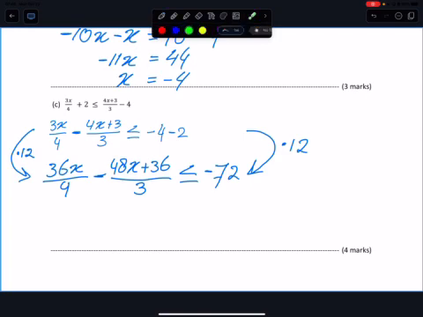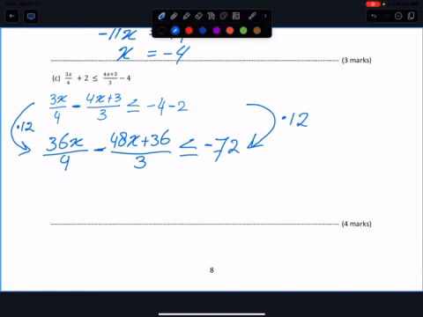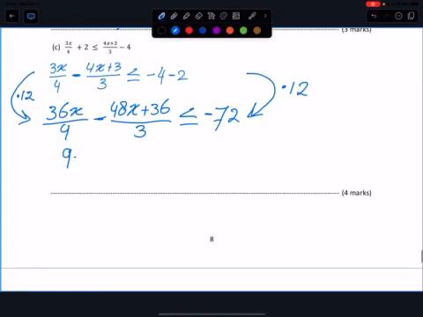Next step, you can divide 36 by 4, meaning you get 9x. Subtract. All the numbers in the numerator have to be divided by the denominator.